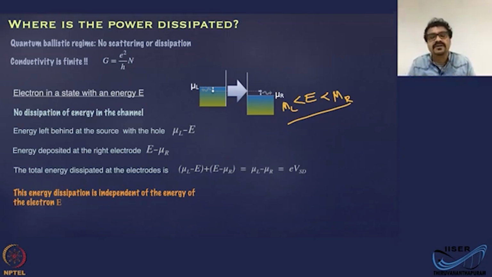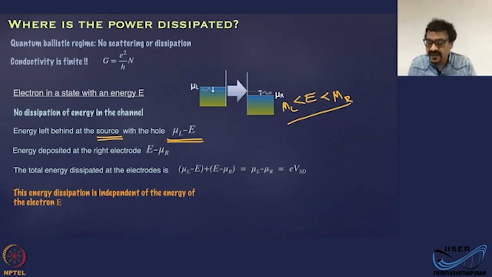So generally we call it the bubble-pebble analogy. So for the hole, the energy left behind is μL minus E on the source side.